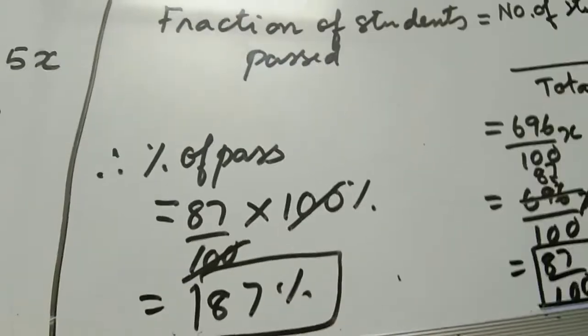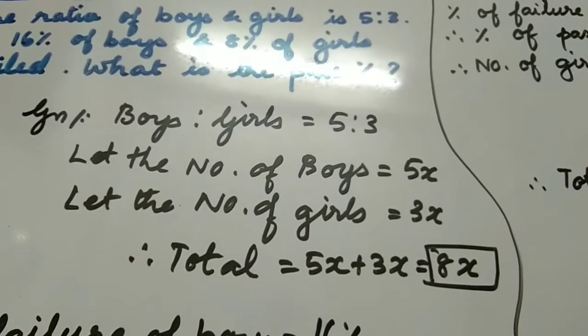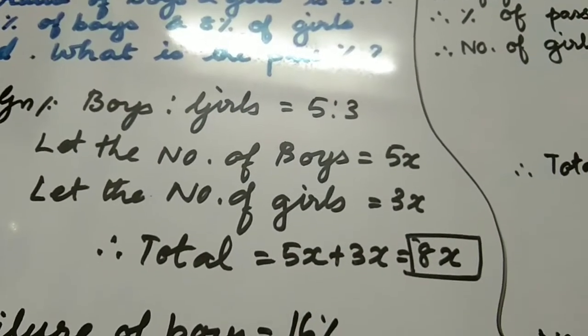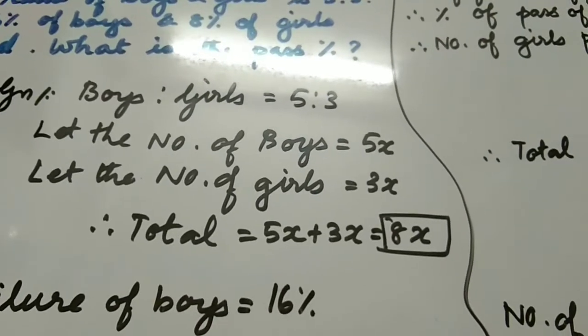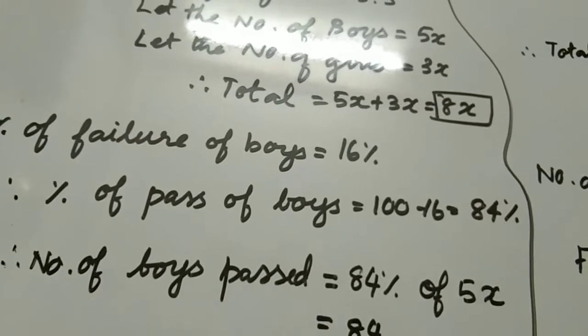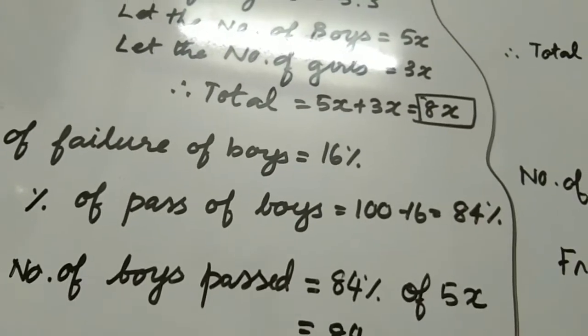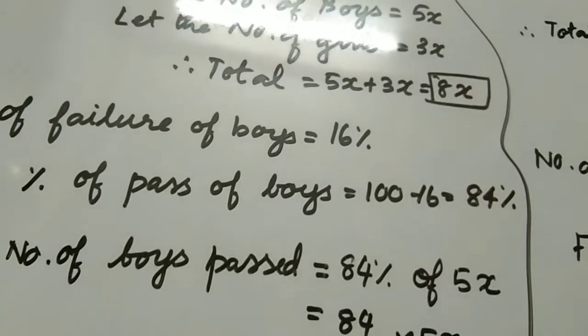So I'll just repeat this problem once. Just go through. So they have given us the ratio is 5:3. So we have assumed it as number of boys is 5x, number of girls as 3x, and therefore the total strength of the class is 8x. Now they've given us 16% of boys have failed, and therefore 84% have passed.